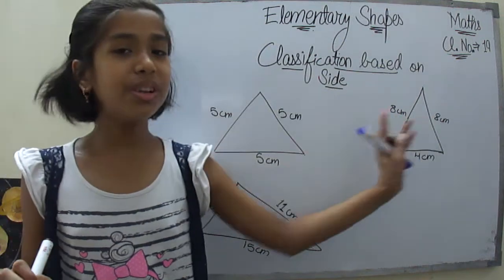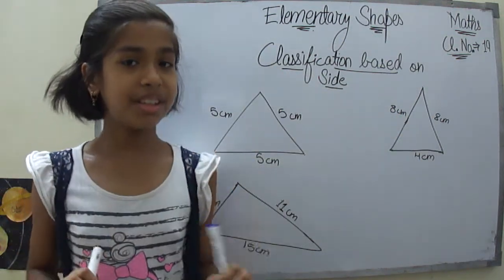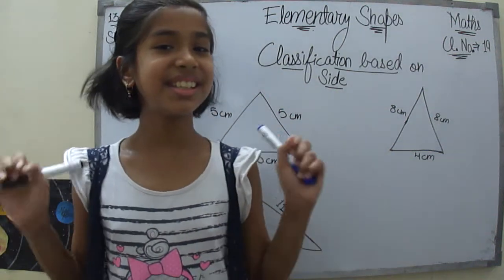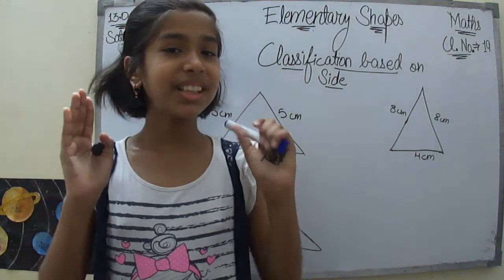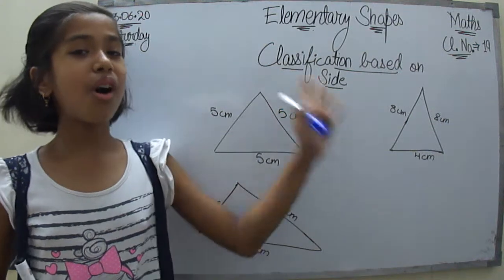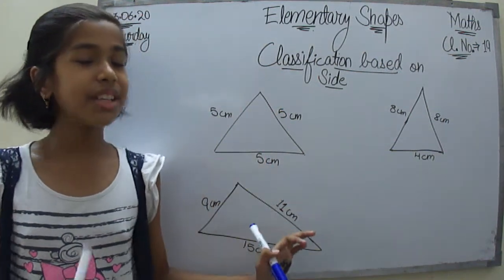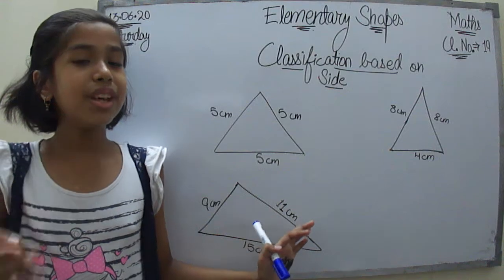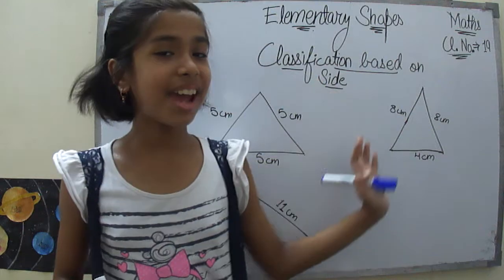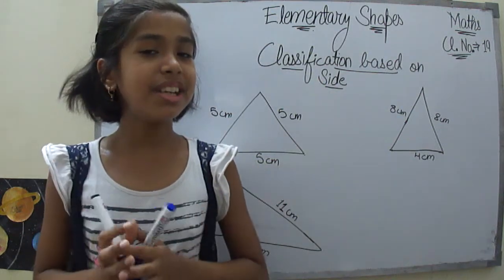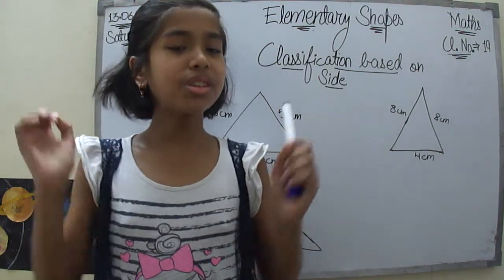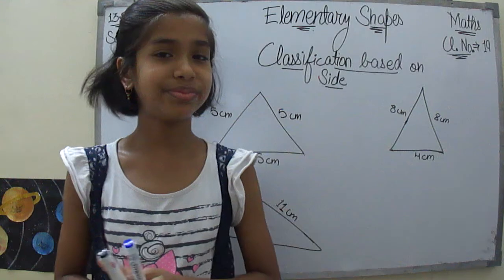So the two sides are equal, but the third one is not. That means there could be three possibilities, right? The triangle with all the sides equal, the triangle in which no sides are equal, and then the triangle with two sides equal. Now let's give them names. Okay, so first before this, what could be another possibility? Could it be?